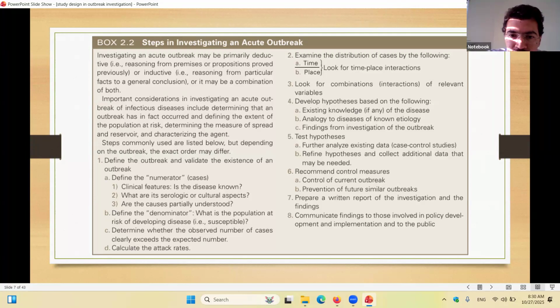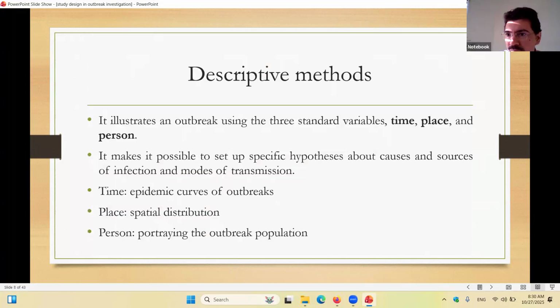Therefore, we should give our control measures recommendations, and then come back and conduct analytical studies. So these were the steps of outbreak investigation.